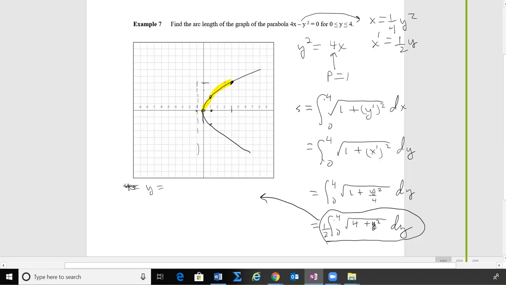What's our substitution for that again? I guess it would be 2 tangent theta. Okay, that would be our substitution. And that would lead you down to an integral involving a secant cubed, with limits of its own, which requires integration by parts.